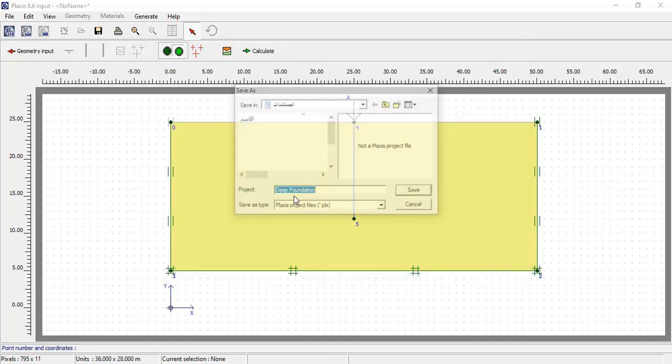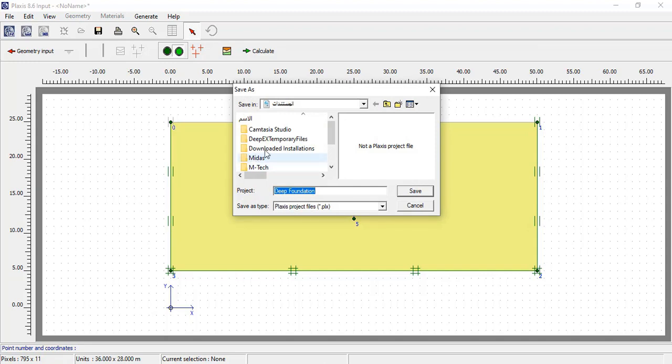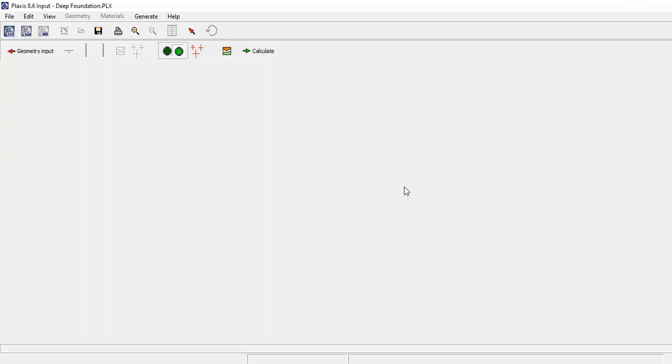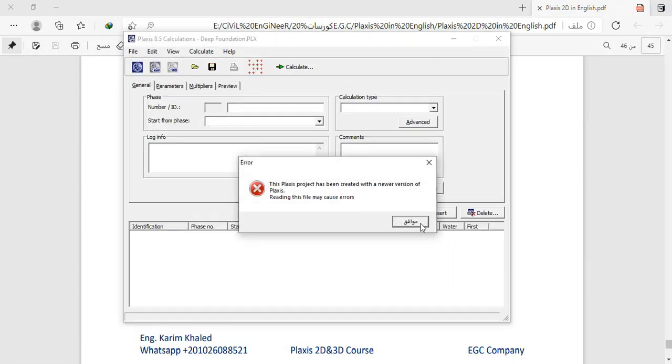We will save our model. Where can we save it? Okay, save.